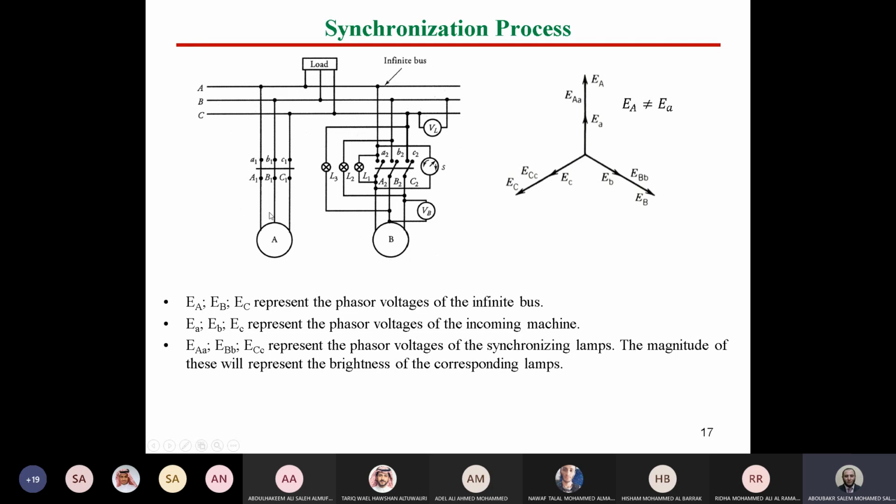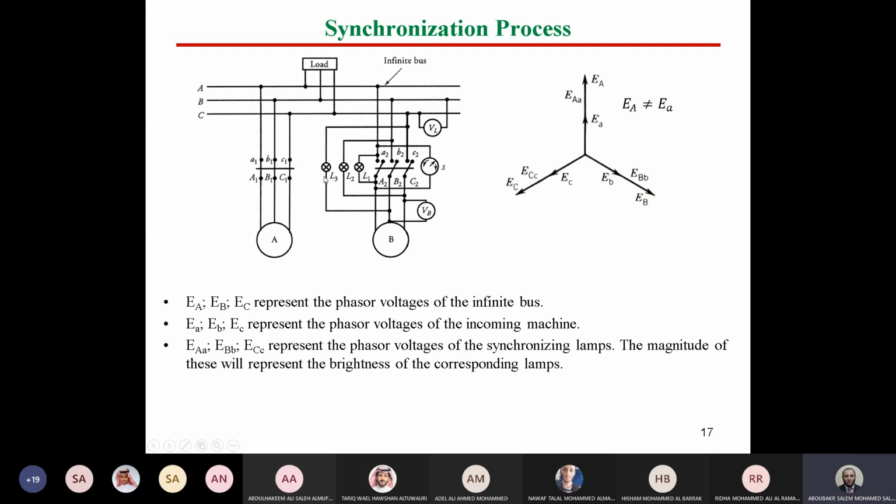How can we do that? Simply, we can check the voltage drop between the two terminals around the switch here. We will add a switch, and this switch can be connected if generator B is synchronized with the infinite bus.